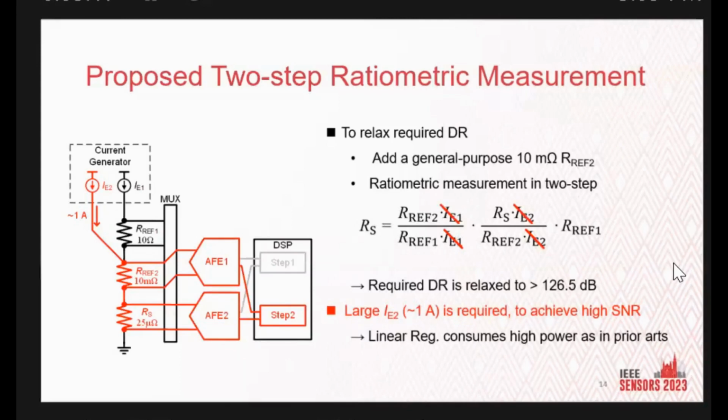However, in step 2, a large excitation current of about 1 ampere is required to achieve this high SNR with these low resistances. So if we constitute this current generator with a linear regulator, as in the prior one, it consumes high power.